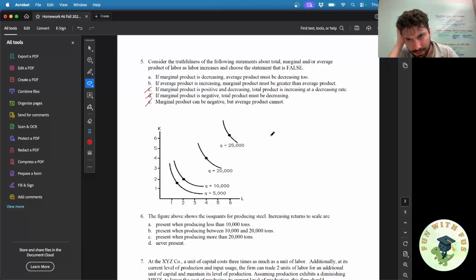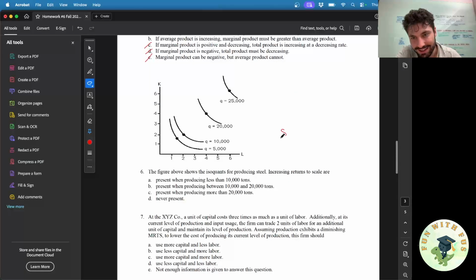So if our average is increasing, then the only way to make an average go up, let's just say we have the most generic case of average, which I think of in terms of a test score or something. Say the average test score is an 80.